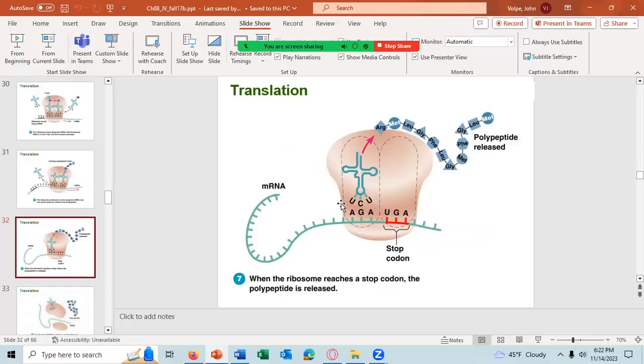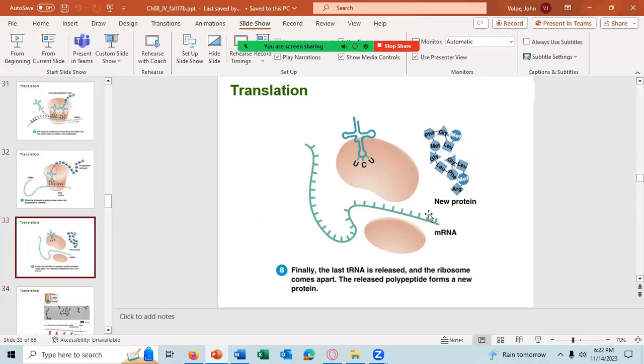That will continue until the ribosome moves down to a stop codon. The stop codon tells the ribosome to stop protein translation here. That will cause the ribosome to fall apart. That tRNA will come out. That will release the growing polypeptide chain, which will be the growing protein, and that will be the final protein, and it'll be released.